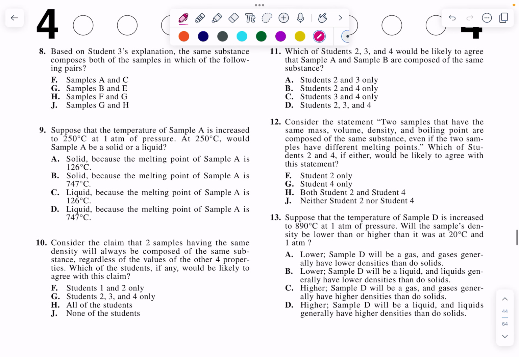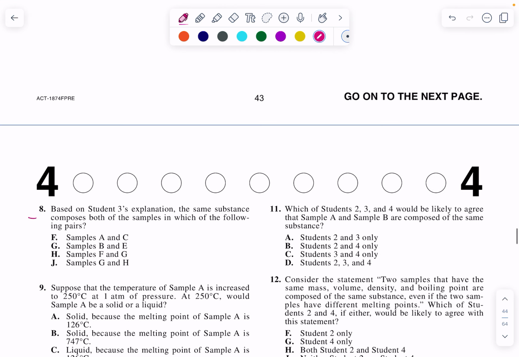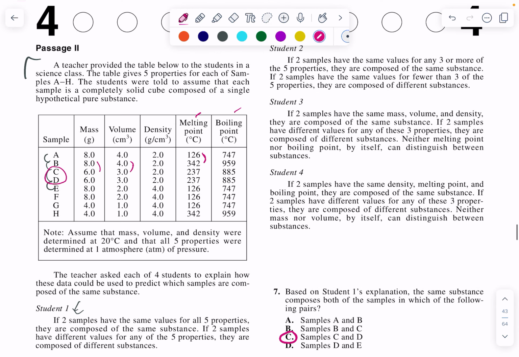Okay, now we have to do some flipping back and forth. Based on student 3's explanation, the same substance composes both of the samples in which of the following pairs? Okay, a very similar question, except for this one, we're looking at student 3. Student 3, if 2 samples have the same mass, volume, and density, they are composed of the same substance.